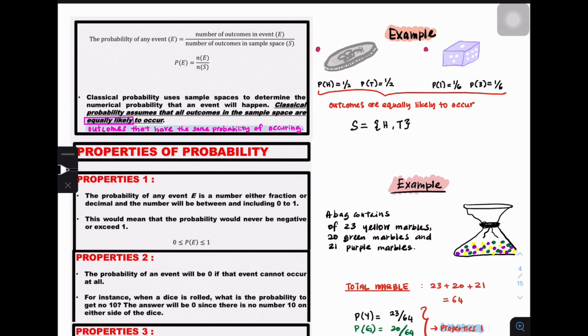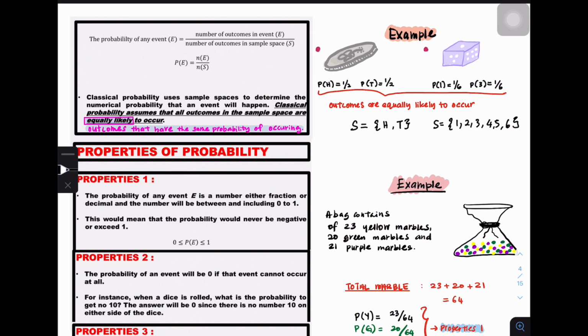Ada dua je possible outcome. Kalau kita rolling a dice, kalau kita campak dadu, apa dia kita punya sample space? Sample space kita sama ada kita boleh dapat 1, 2, 3, 4, 5 ataupun 6. So ini sample space, ini possible outcome, outcome yang berkemungkinan kita akan dapat dengan melakukan sesuatu eksperimen.